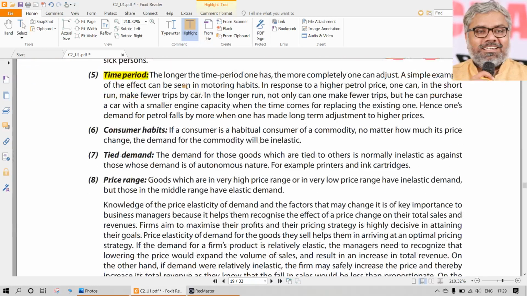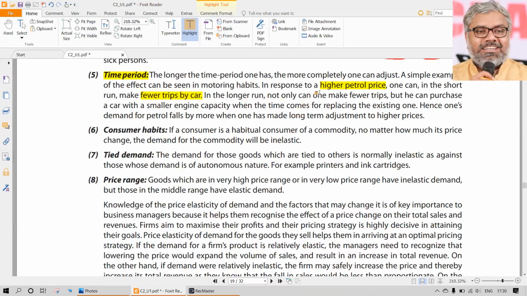So generally, what happens with the time period? If the time period is longer, then people can adjust. For example, let us say there is a high petrol price. In the short run, people might immediately react to these high petrol prices by making fewer trips by car.